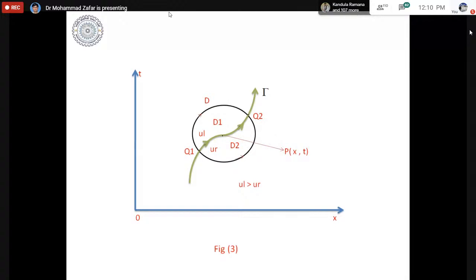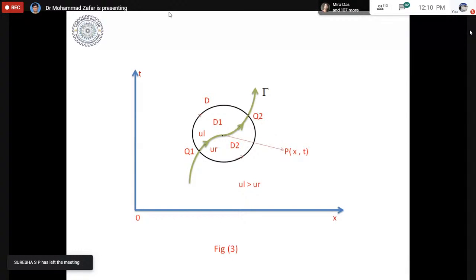That at each point of this curve, the function u of x comma t is having a finite jump across this curve. That is, away from these points u is C1, but across this curve u is having different limits, left hand limit ul and right hand limit ur, both exist but they are not the same.